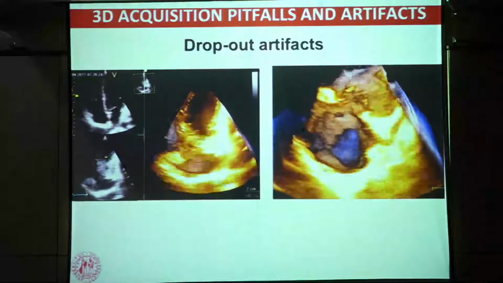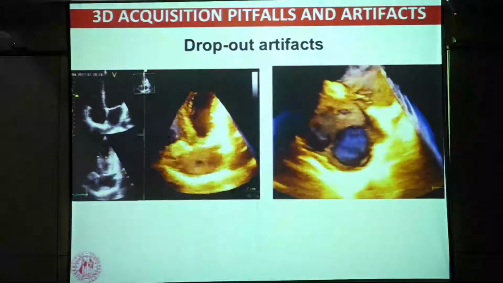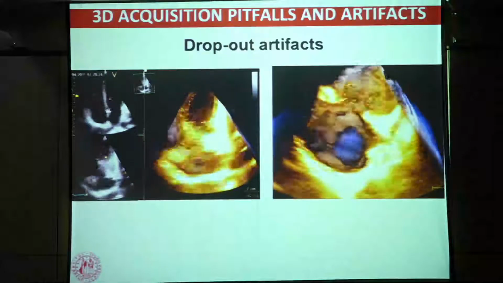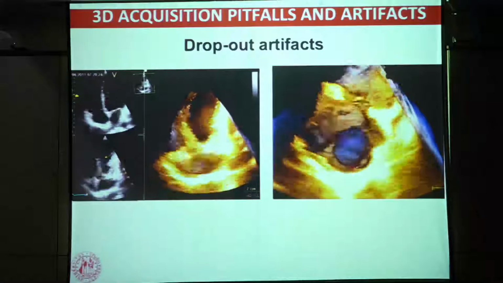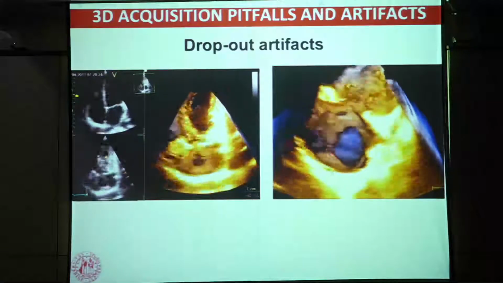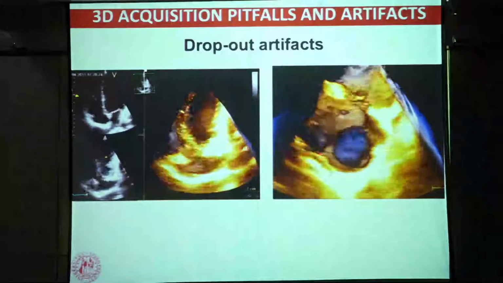Here you see two transthoracic data sets. We are looking at the interatrial septum. Both of them show a hole, but this one has very well-defined margins, and it's a real interatrial septal defect.